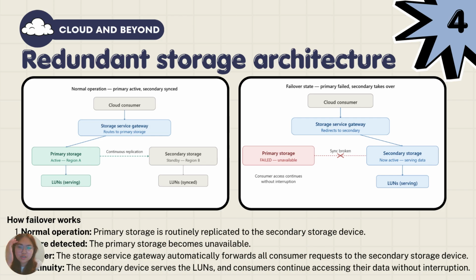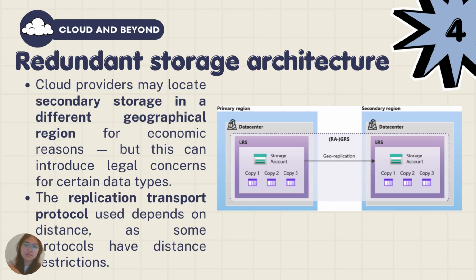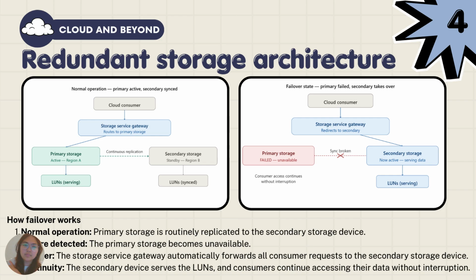Now, one thing that you need to consider about redundant storage architecture is that cloud providers place secondary storage in a different geographic region. For example, you've got one in Sydney and one in Singapore. It makes economic sense because it can protect against regional disasters like power outages or floods, but it raises legal concerns.